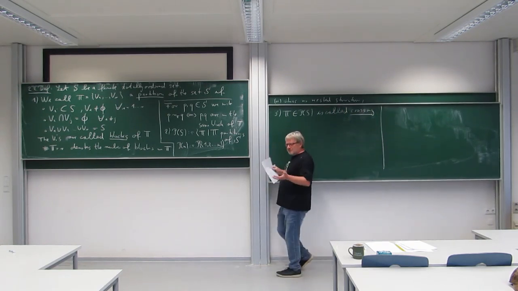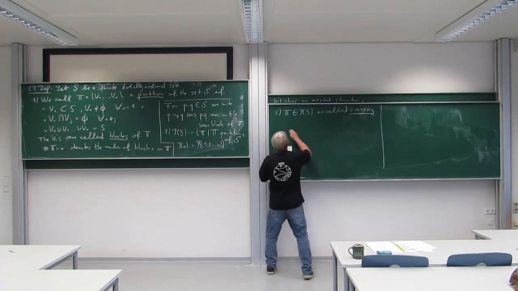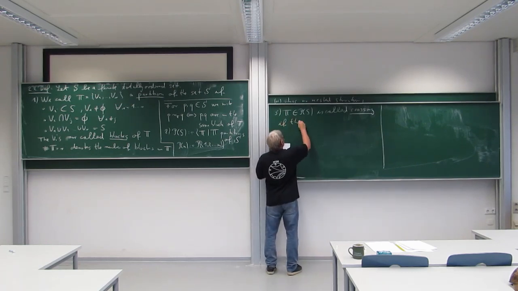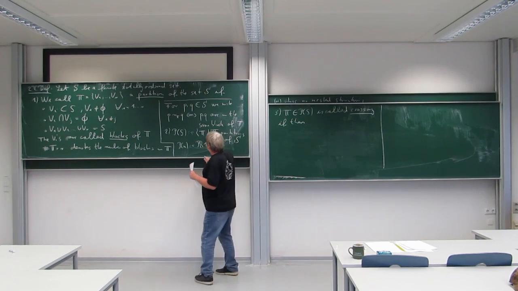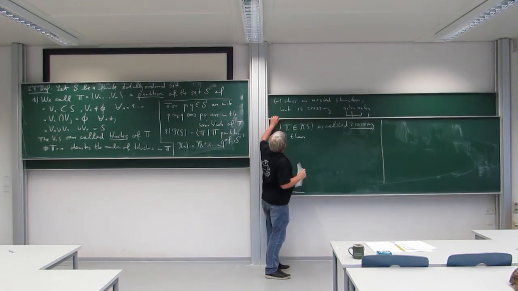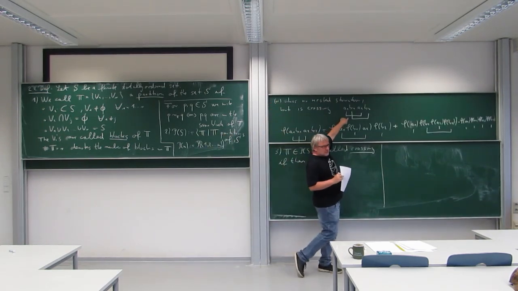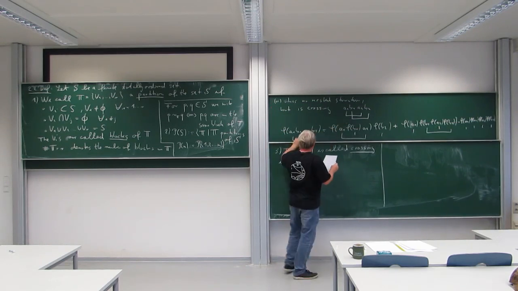if we have two different blocks which cross. And what does this mean precisely? This means I have exactly this situation appearing for those two blocks.